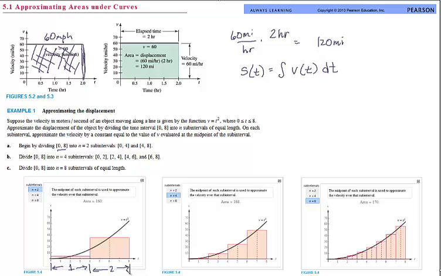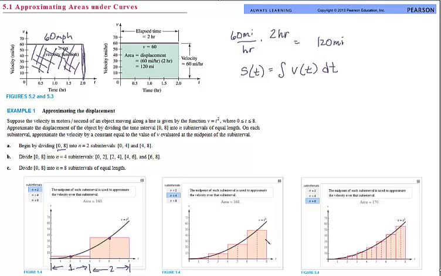And in this particular technique, I'm just taking the midpoint. Now we're going to use a couple of different techniques where we use either the left hand point or the right hand point. But in this case we're going to use the midpoint. So what I will do is I will use that height. I'll calculate the area of this first rectangle and then the area of this second rectangle, and note what the area is.